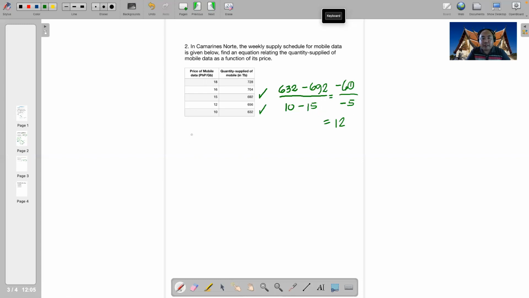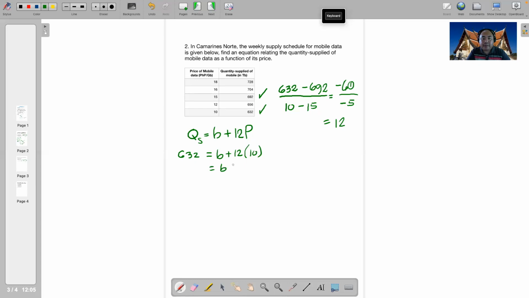Again, we said quantity supplied is some constant B plus the slope times price. So we choose one price level. Let's take 632, which is expected when the price is 10.